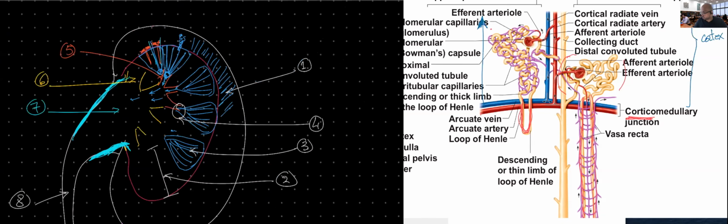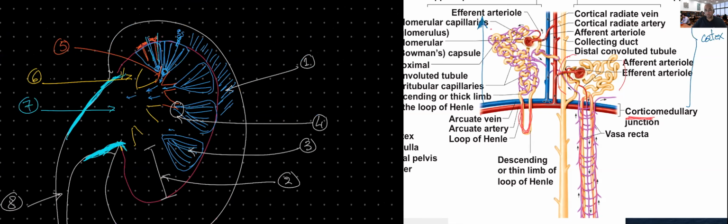So what you've got here for number 1, what did you get for number 1 here? Cortex. How about number 2? All this deeper part of the kidney. Anyone else? Yeah, renal medulla, exactly.